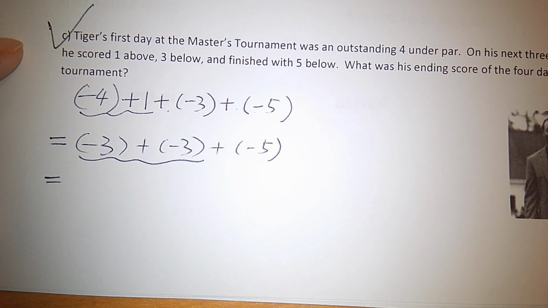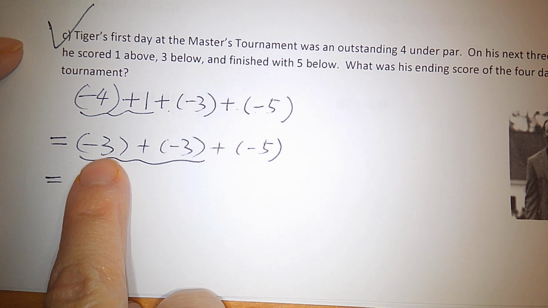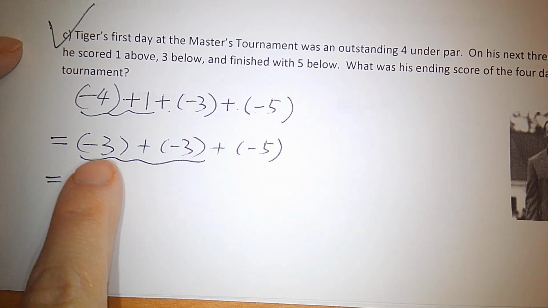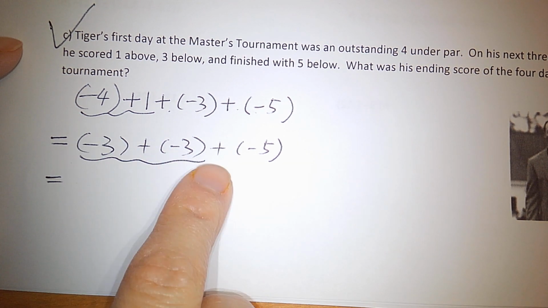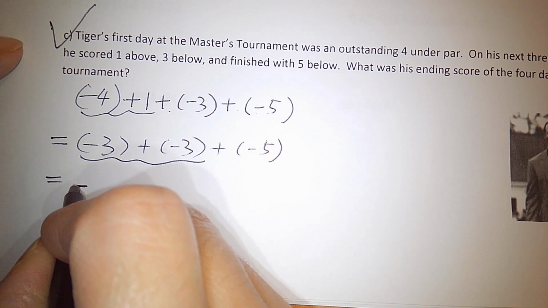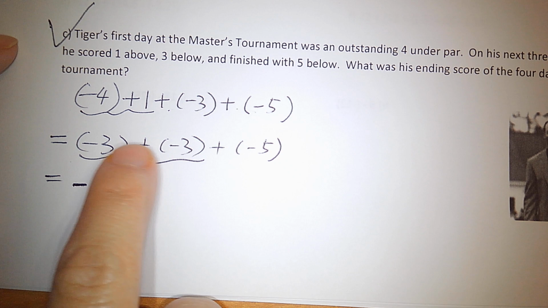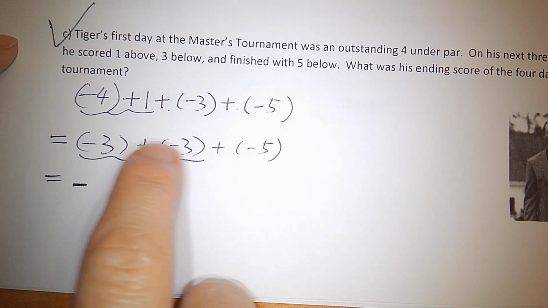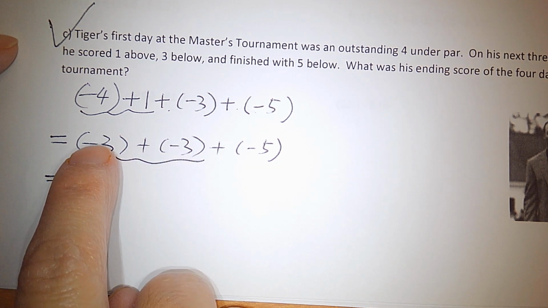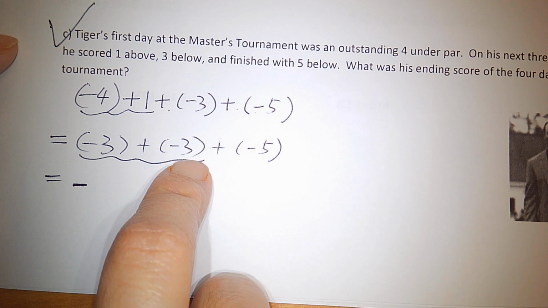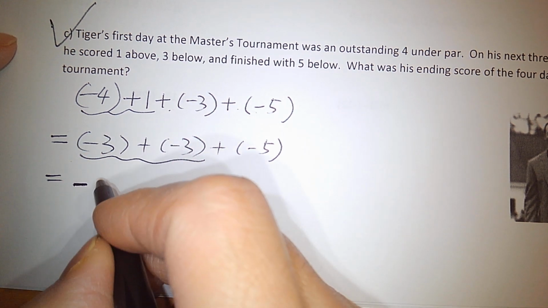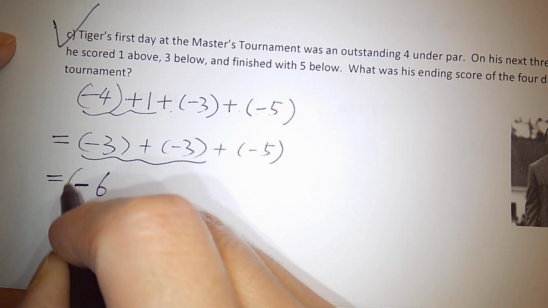What's negative 3 plus negative 3? Negative 6. See? Same sign, keep the same sign, which is negative. Then add the absolute values. Negative 3 absolute value is 3, negative 3 absolute value is 3, so 3 plus 3 is 6.